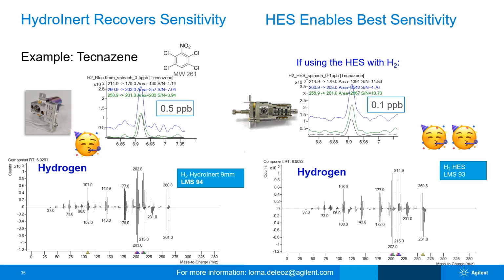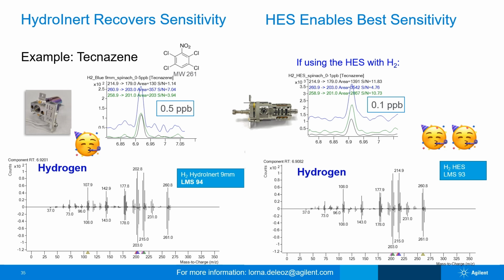And sensitivity is truly superior to any source configuration that we tried with hydrogen. Only with the HES source could we detect technazine down to 0.1 ppb in the vial and in the spinach commodity. So the HES source provides the ultimate sensitivity.